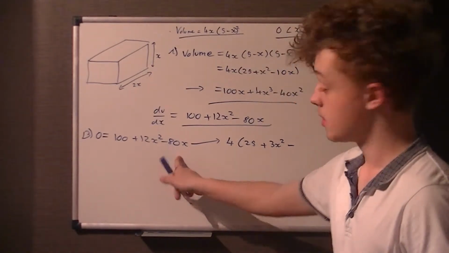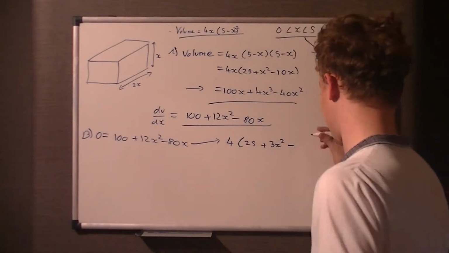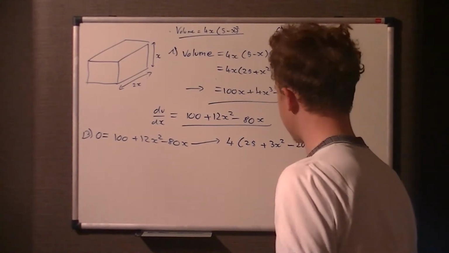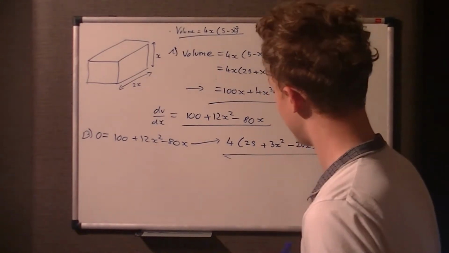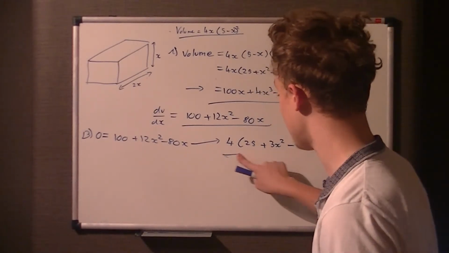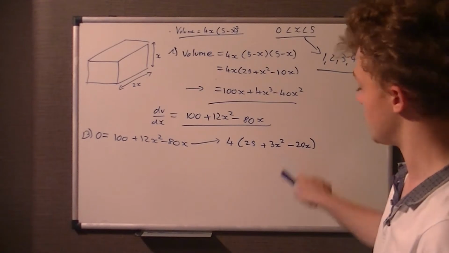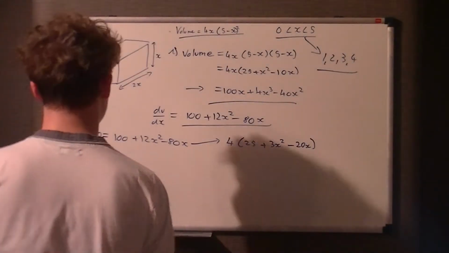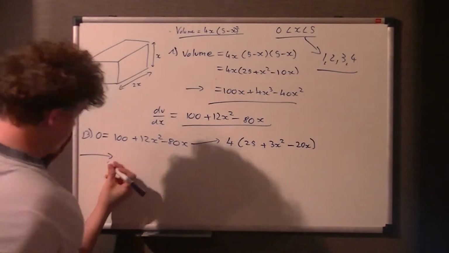So 4 into 80x is 20x, and that's your equation. What we're going to do is simplify this down, because now we've gone into an x squared, it is quadratic, so we can simplify it down.